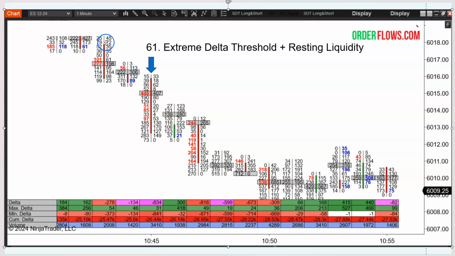But again, even this one right here, you can make the argument that it is getting through resting liquidity, and it does have the extreme delta threshold. The only difference is the extreme delta is a bit on the light side. But this one is for sure clear and dominant. 834 versus 134. It's a difference of 700 contracts.